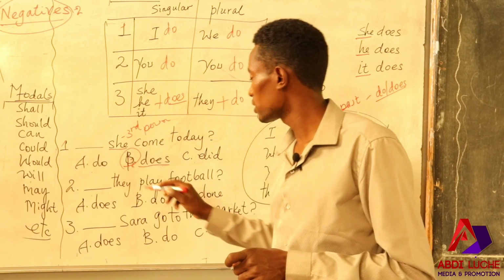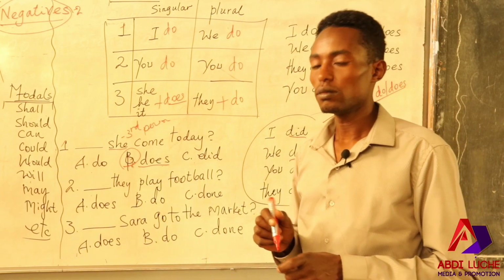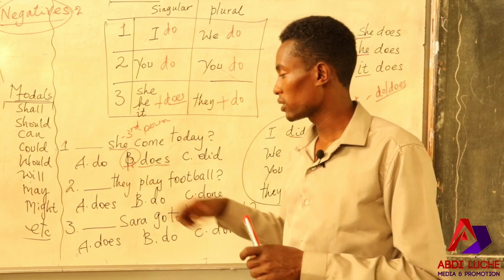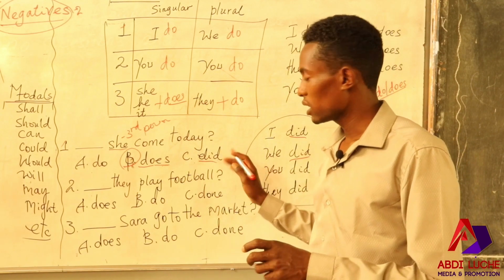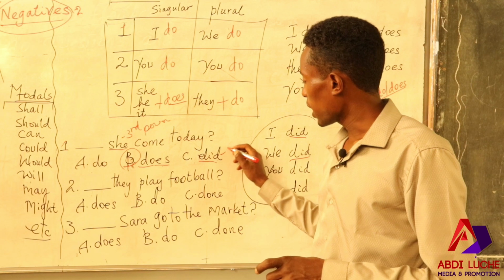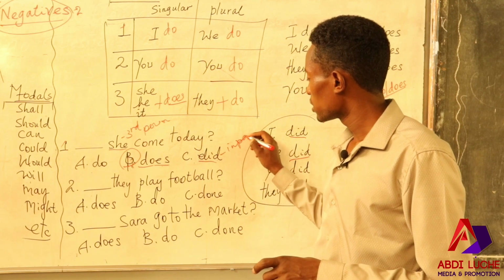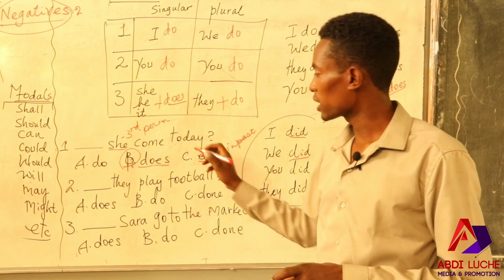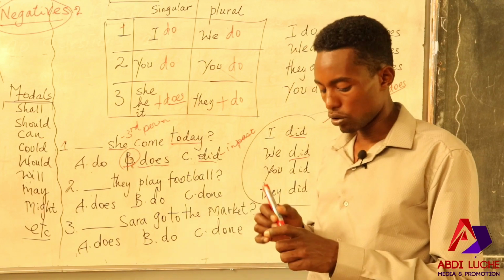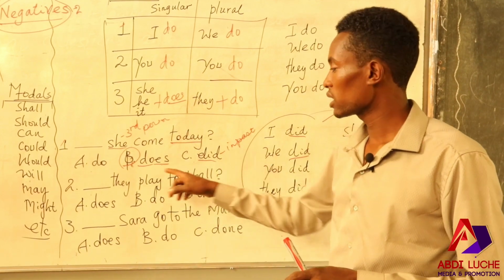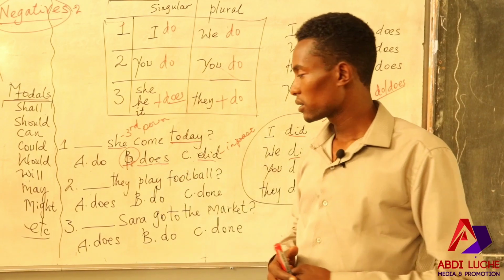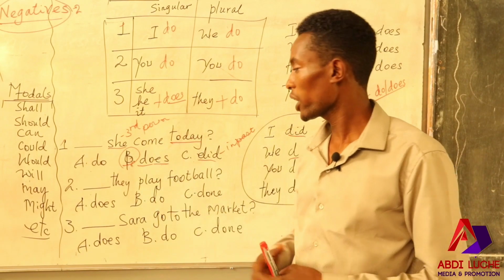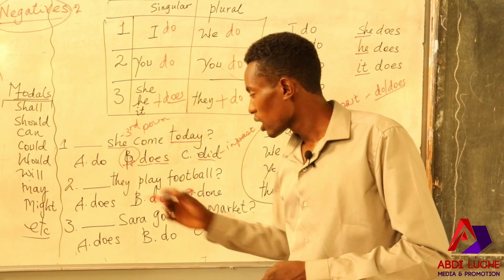So the answer is does. What about C? Did. Did is in past, but we have the time expression today. So the answer is does. She does. Does she come today? Is a question.